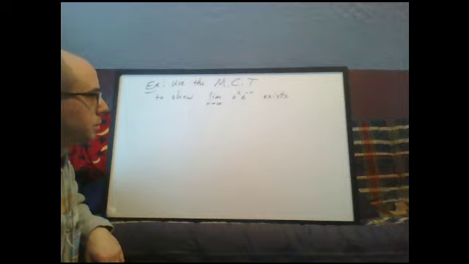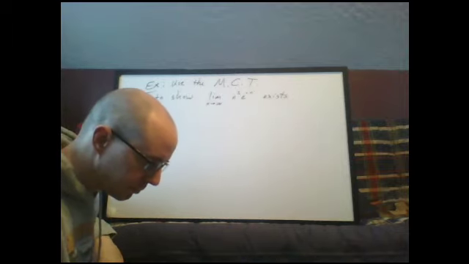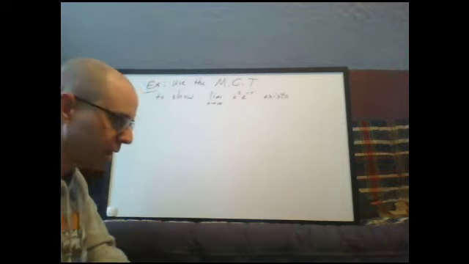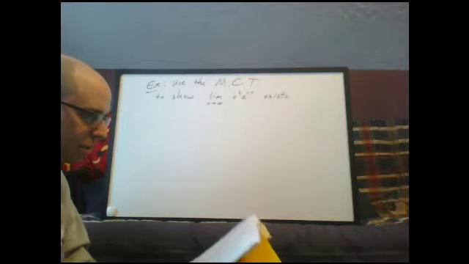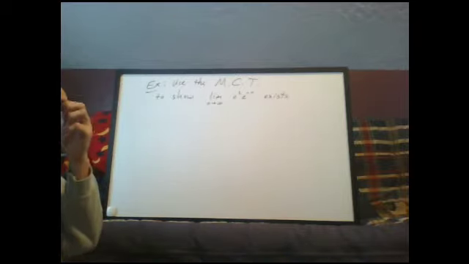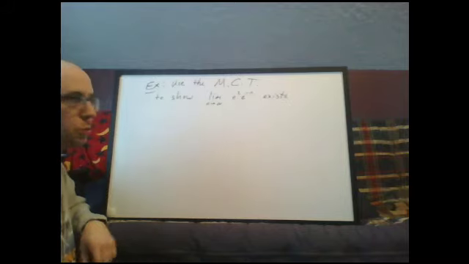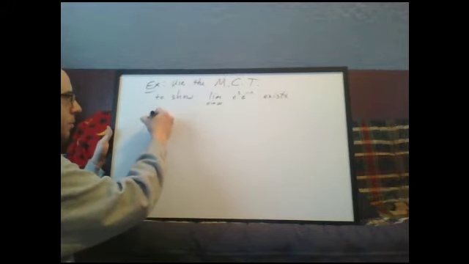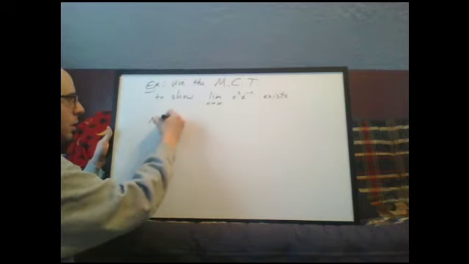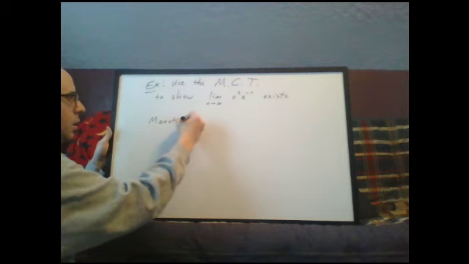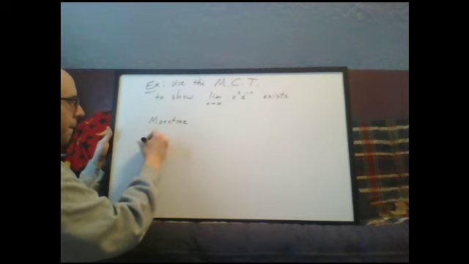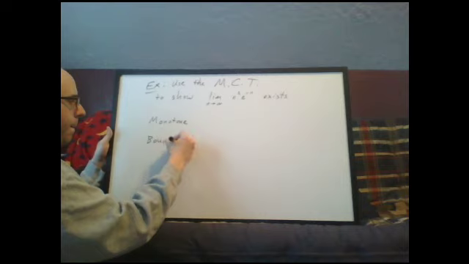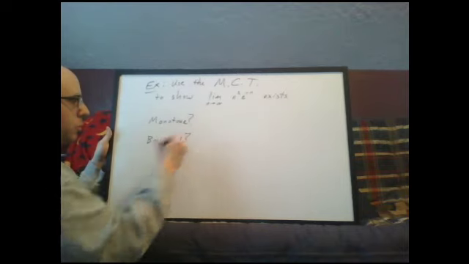So let's do it like this. To use the monotone convergence theorem, we have to show two things. It needs to be bounded and monotone. So I have two questions to answer.